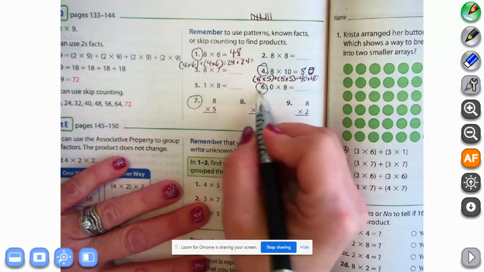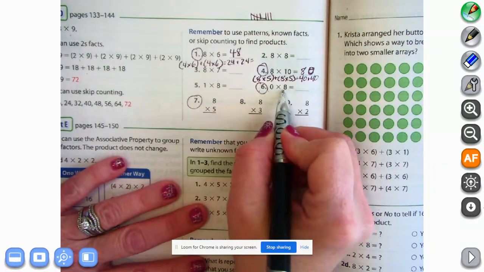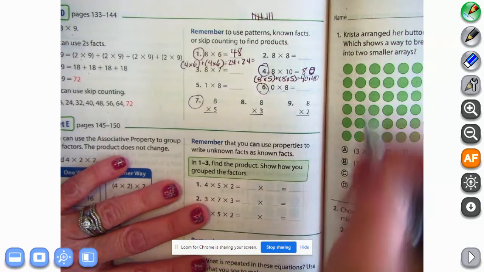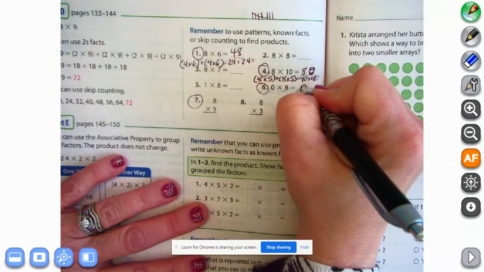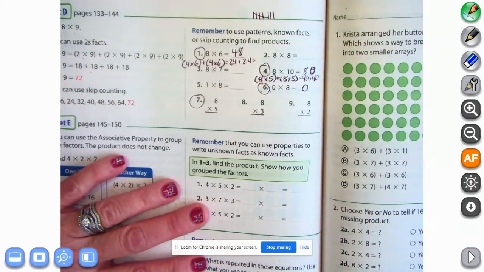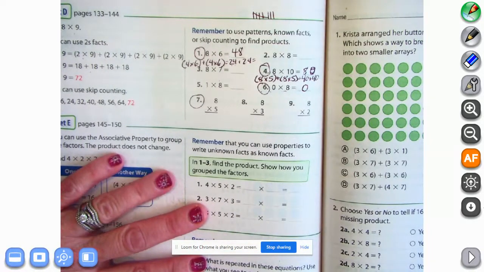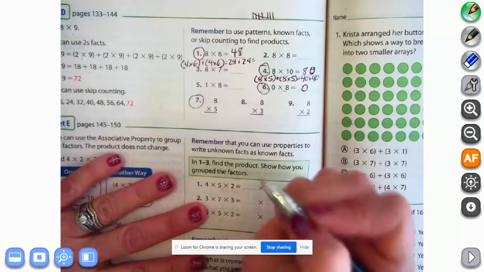Okay, number 6, 0 times 8. What do we know about the 0 property? Anything times 0 will be 0. And the last one, 8 times 5.